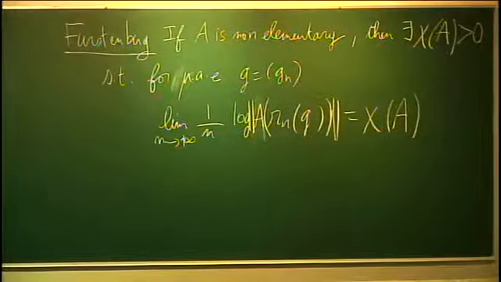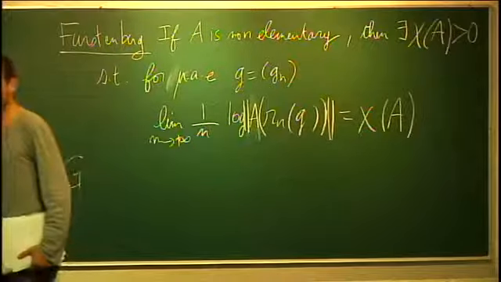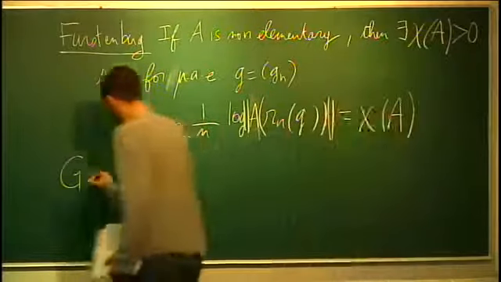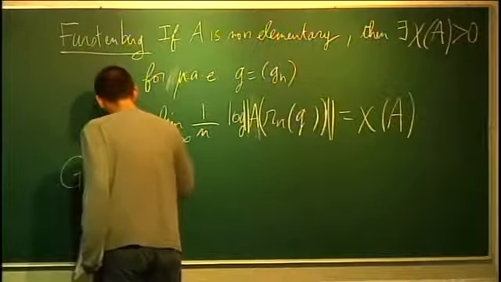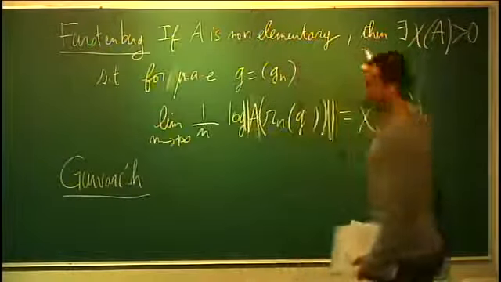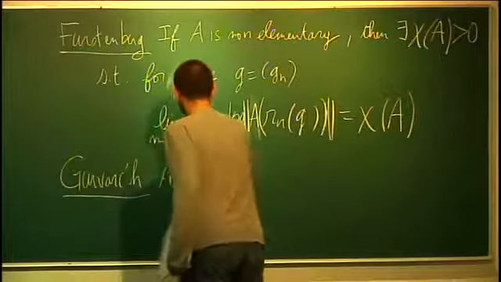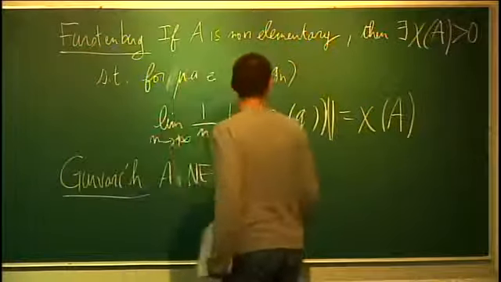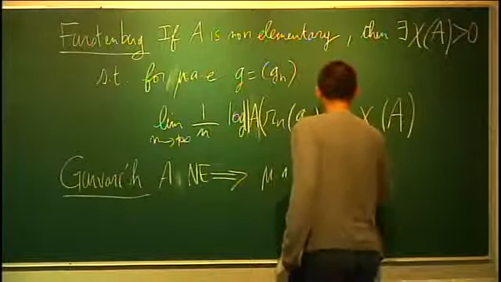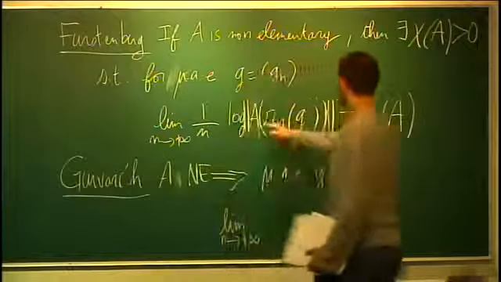Now the precise thing that we want at a fixed parameter is a theorem by Guivarc'h, which uses a lot of material, but it is exactly what we want. Namely, under the same hypothesis, if A is non-elementary, then for mu almost every sequence, we don't look at the norm, we look at the trace.